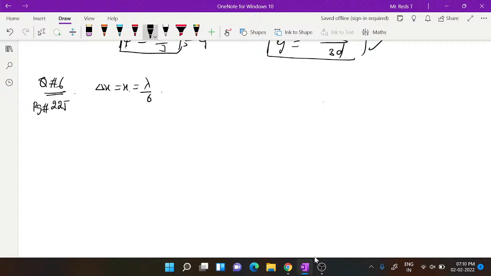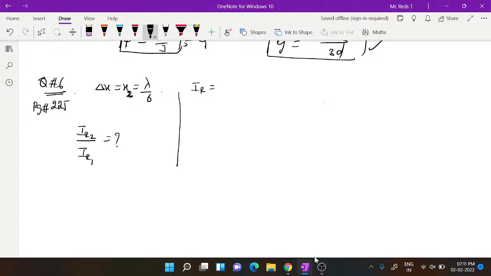Let us say this is the second position, x2. Then the intensity at this position, let us take it as I2, and the intensity at the central fringe, let us take it as I1. So we have to take the general formula of intensity.